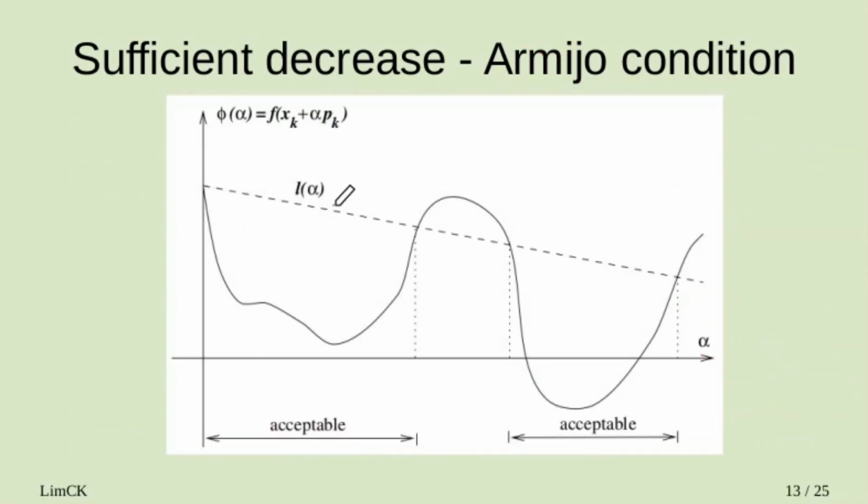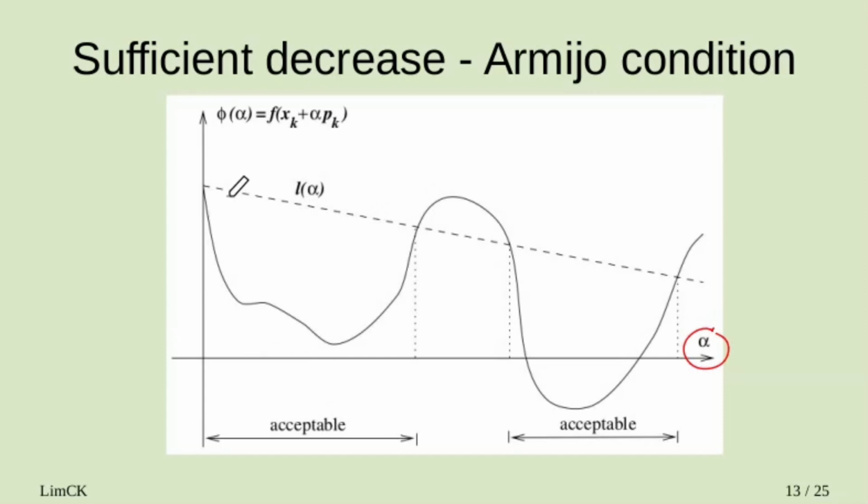This linear equation is the line showing us that if we take a larger alpha, we move further, then we should get a larger reduction on the cost function. When alpha increases, the reduction should be larger.